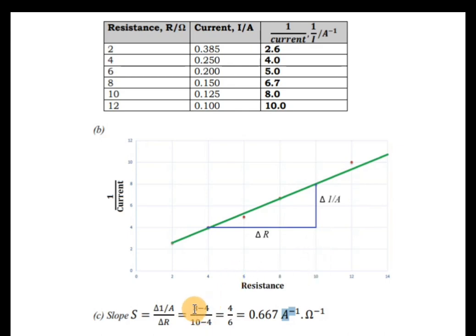So that's why the change in y-axis is 8 minus 4, and the change in x-axis is 10 minus 4. You get 4 divided by 6, which is 0.667. The unit is current to the power minus 1, ohm to the power minus 1. Yes, this is our solution.